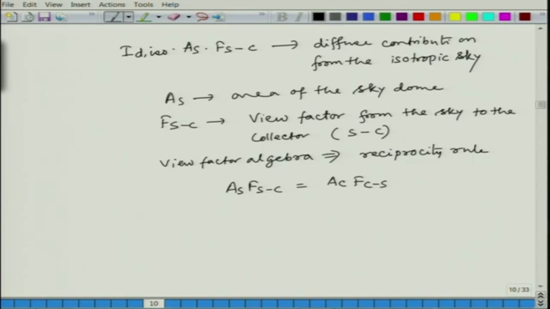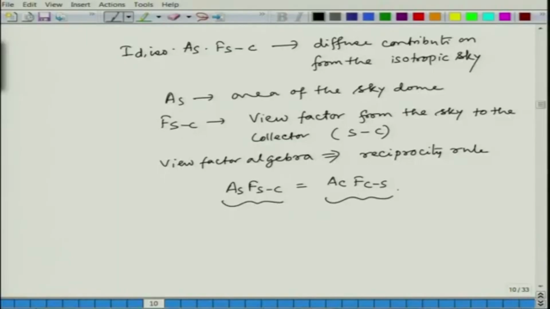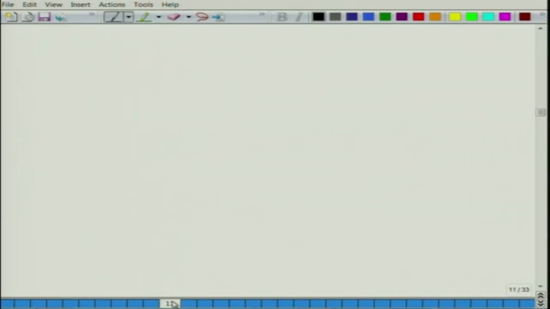Okay. If you look from the sky to the collector, that is this, and if you look from the collector to the sky, that is this. Okay. And this product of the view factor and the area will be same irrespective of from where you are looking at. Okay. So, this relation will be applicable.